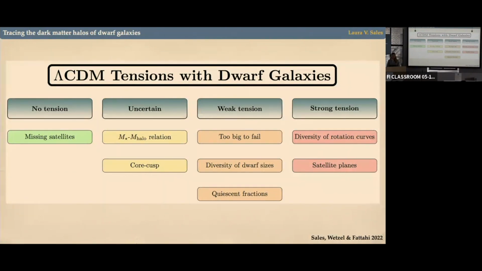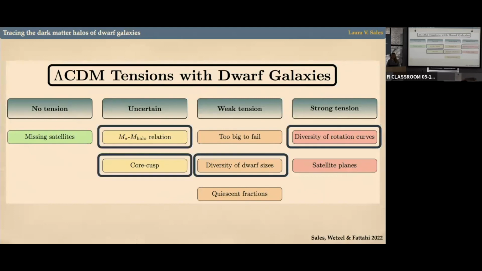And of this, I thought I would concentrate, if time allows, on these four, starting with perhaps the relation between the stellar mass of a galaxy and its dark matter halo, this mapping of how exactly galaxies are populating their halos.